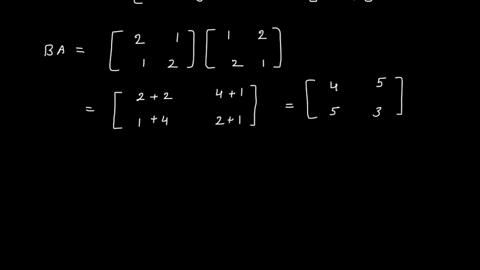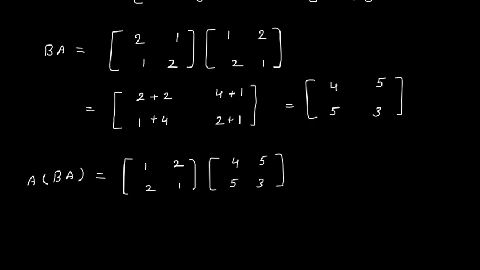Now what I have to do? I have to find A into BA. So A into BA, first I will write A, that is 1 2 2 1. This is A. Then I write BA. BA is 4 5 5 3. This is BA. Now A into BA.